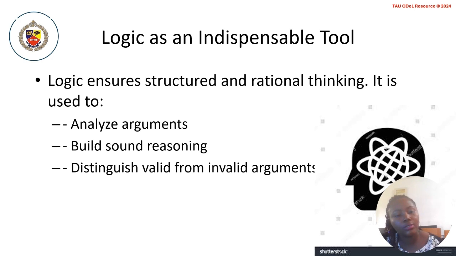You can also distinguish between valid and invalid arguments using logic. So it is an indispensable tool because it works through these three things, and of course other things: analyzing arguments, building sound reasoning, and distinguishing valid from invalid arguments.